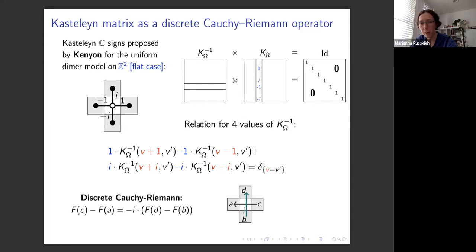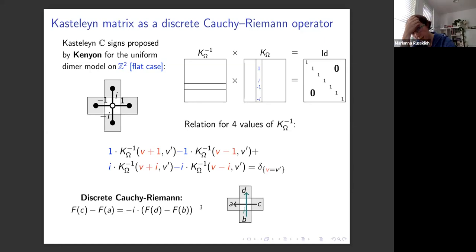Therefore, it gives a relation for values of the inverse Kasteleyn matrix, which is the following one. And it is 0 around each white vertex except the v prime, which is fixed. For v prime, this is 1. And this relation is nothing else than a discrete version of the Cauchy-Riemann operator.